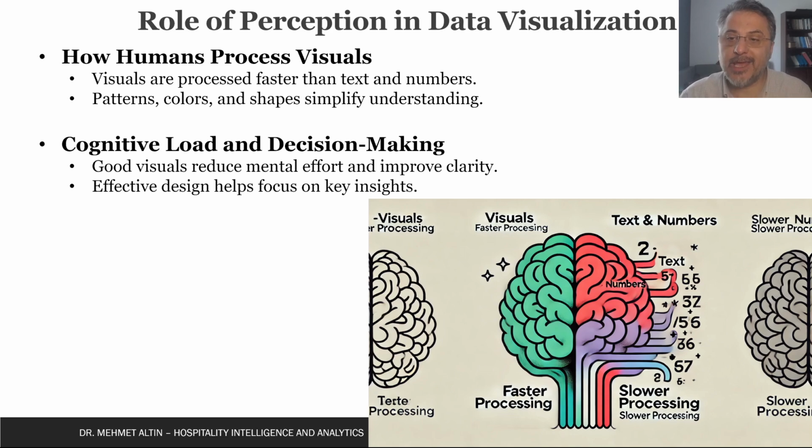Shapes, colors, and layouts make it easier to understand the story behind the numbers. For example, with a color-coded map, you can instantly spot which regions have the most tourists, right? So when you design effective visuals, that reduces cognitive load. Basically, they make it easier to think. Instead of analyzing numbers row by row, good design focuses your attention on the most critical insights.